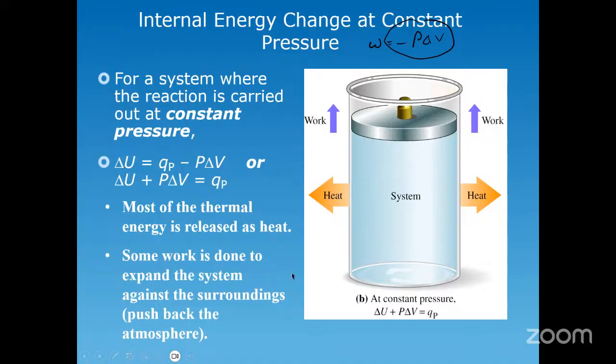That's basically what happens in the vast majority of reactions. And that's what we'll be talking about pretty much for the rest of this chapter when it comes to the energy change that occurs for chemical reactions. Basically, QP here represents that energy change for those reactions.